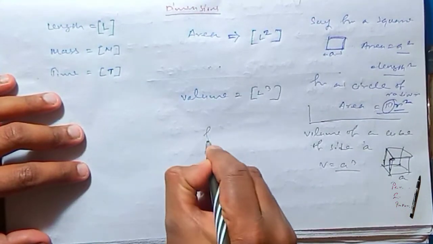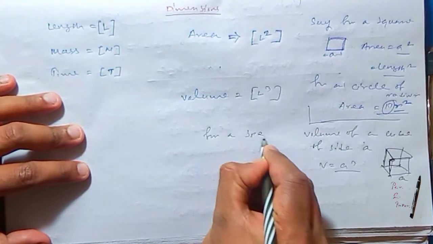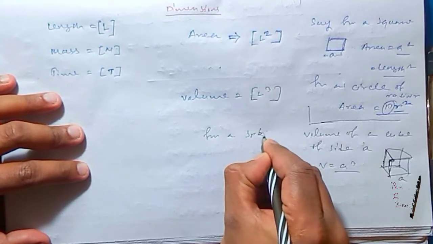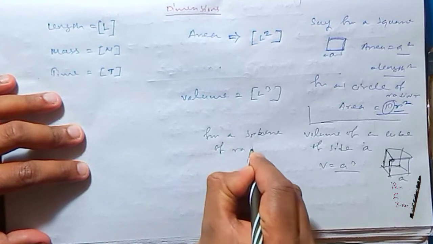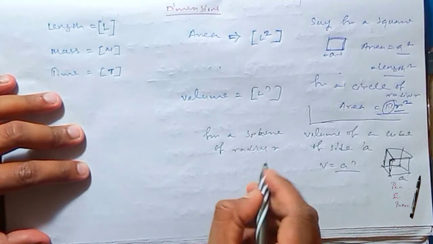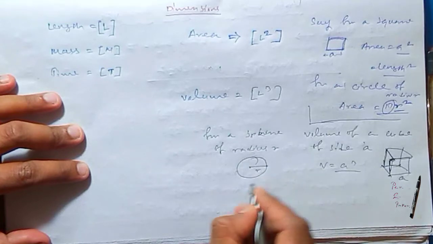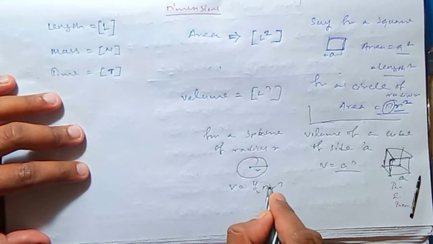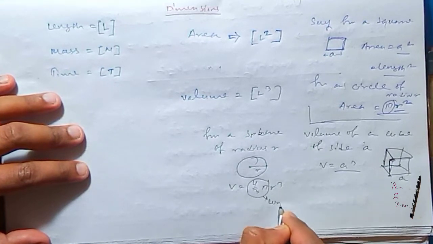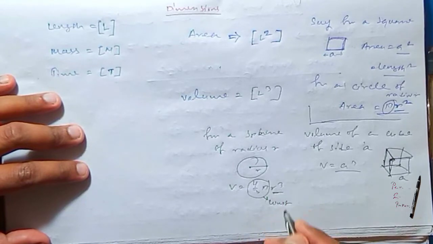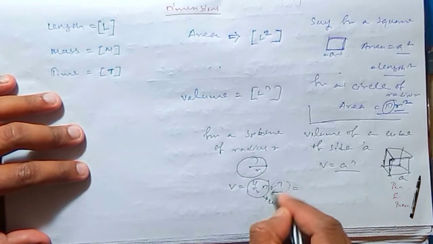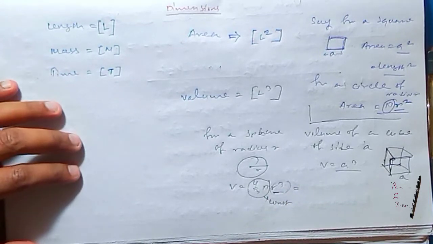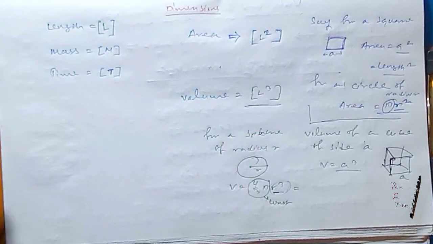For a sphere of radius r, volume will be 4 by 3 pi r cubed. 4 by 3 pi is a constant, so only r cubed counts for dimension, and r is length, so the volume will be L cubed.